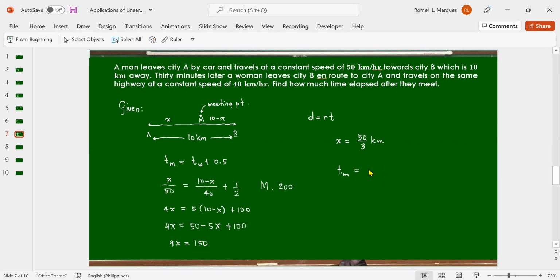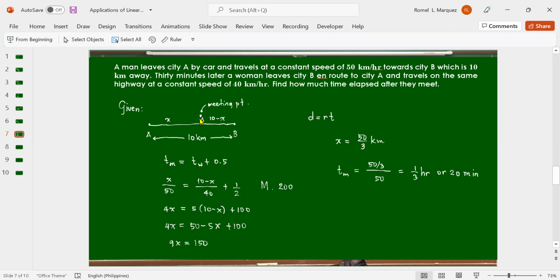That is 50/3 all over 50. Okay? Correct? And this is equal to 1/3. Am I correct, guys? 1/3 hour. What is 1/3 hour? 60 is 1 hour, divided by 3, that is 20 minutes.